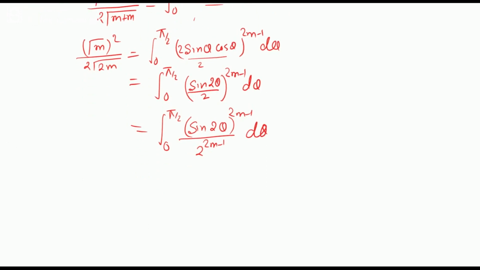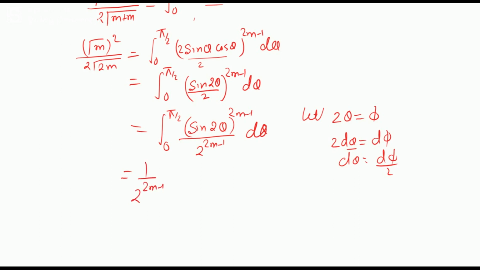Let us take 2 theta is equal to phi. So 2 d theta is equal to d phi, or d theta is equal to d phi by 2, and 1 upon 2 raised to power 2m minus 1 is a constant part. So we take it outside the integration. So here we write (sine phi) whole raised to power 2m minus 1 d phi by 2.